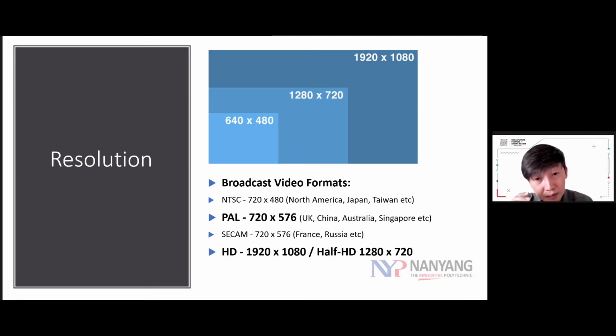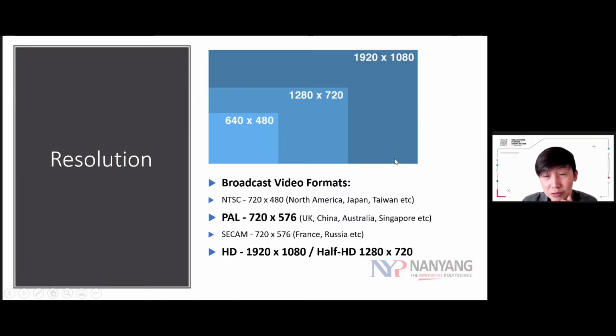Although things are very automated, some of the software that you use will ask you what you want, like is it 720 by 576, or 1920 by 1080. These are actually the pixel numbers.